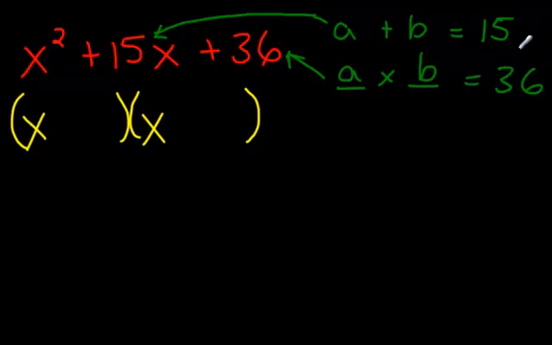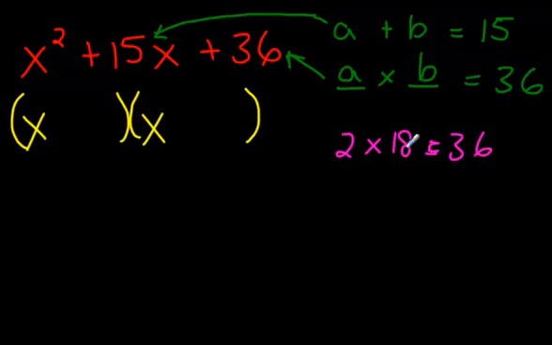So this is where it gets a little tricky. Let's start by doing the multiplying first. Are there two numbers you can think of that multiply to make 36? Well, 2 times 18 is 36.